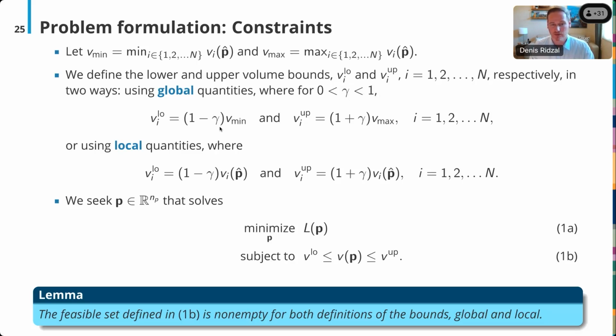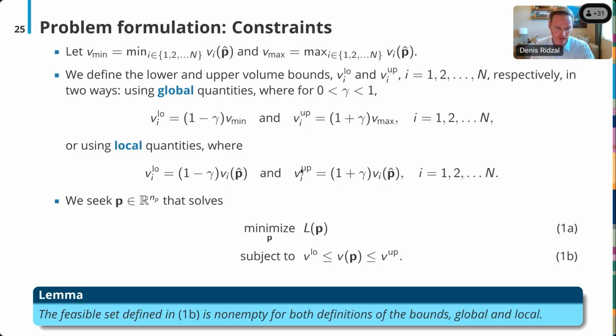So you can compute these quantities on the entire mesh and then say, I want something between 90% and 110% of that volume for all the cells. Or you can use local quantities, which is important if you have meshes with a big difference in the smallest and largest cells. In that case, you just use the previous volumes for each cell to define your bounds.